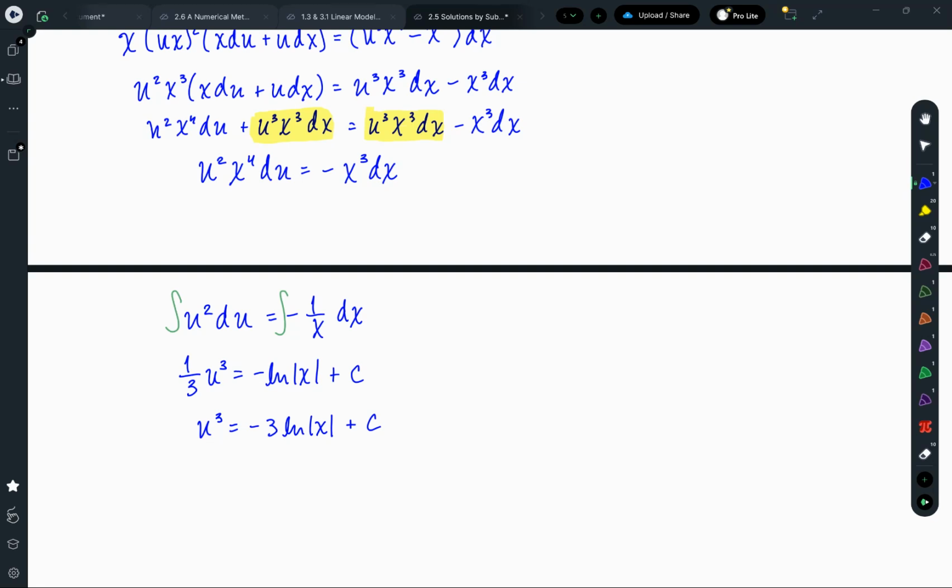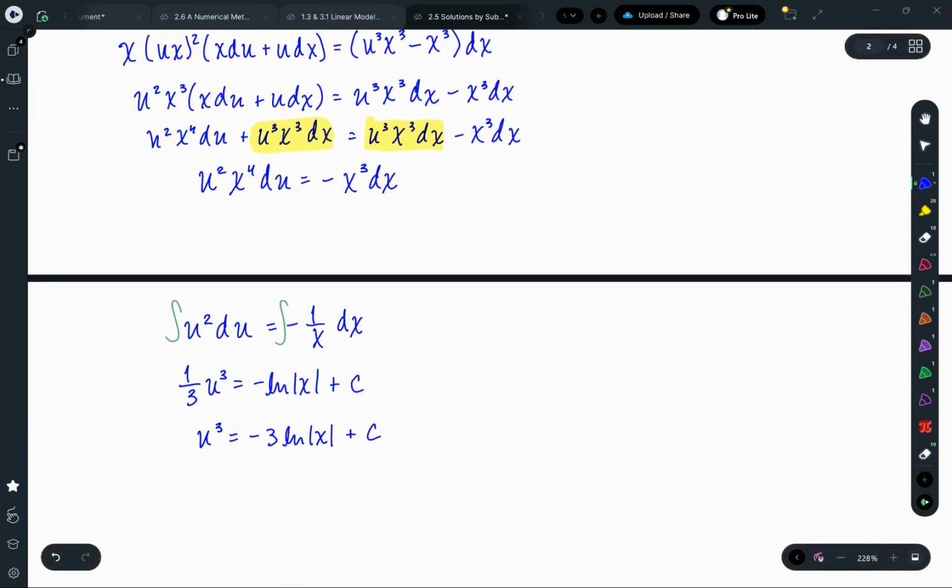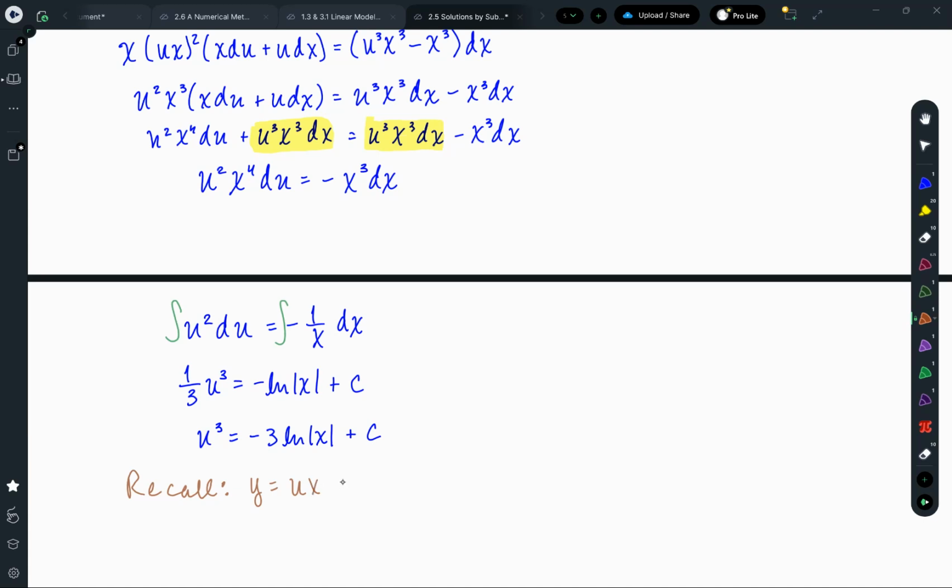The next thing that I need to do is I need to get back in y and x. Right now I'm in u and x. I need to recall that y was equal to ux. Okay, so we'll do a recall. y was equal to ux, and that means that u is equal to y over x.